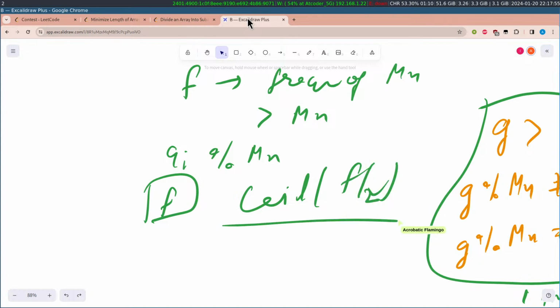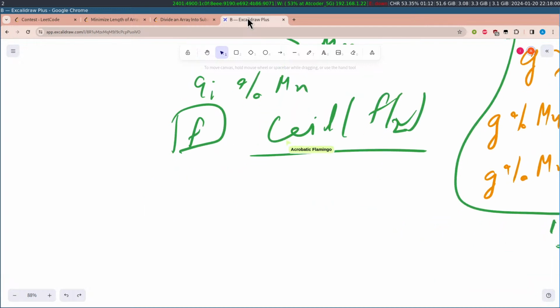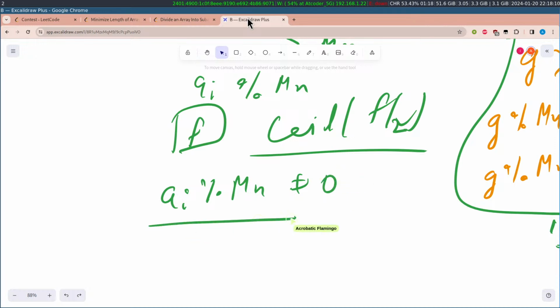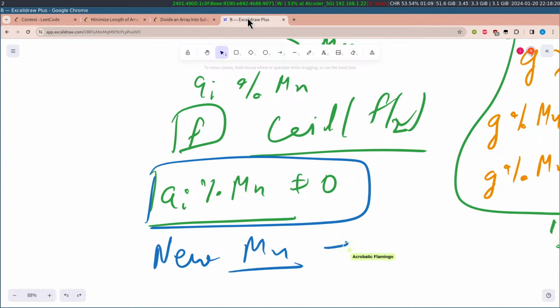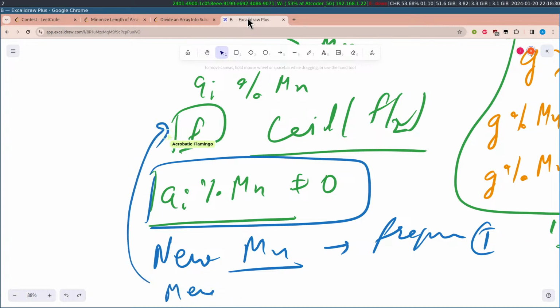And one critical idea, a corner case I am saying over here, is that if you can somehow reduce the value of minimum, if you find some element ai mod mn which is not equal to 0, then you first perform an operation like this to get a new minimum with frequency 1, and then use this new minimum to solve it with the previous algorithm, and ceil 1 by 2 would be 1.